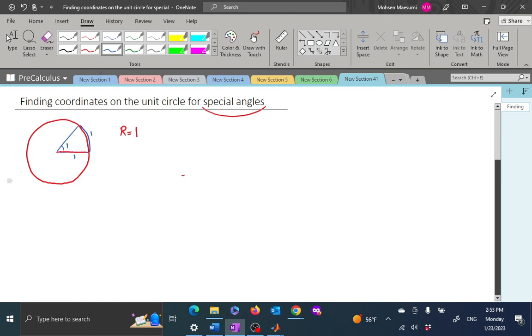As we go around the circle, we start at location 0 radians, and by the time we have come back, we have gone through 2 pi radians. That's essentially the same as saying that the circumference of a circle is 2 pi r. You remember? Circumference was 2 pi r. R is now 1, so by the time you have come back, you have gone through a distance of 2 pi.